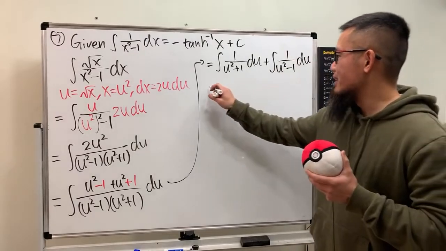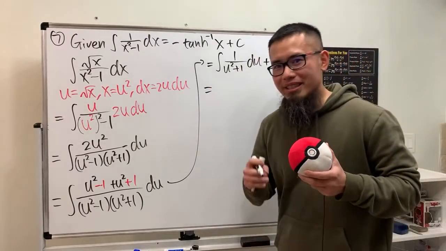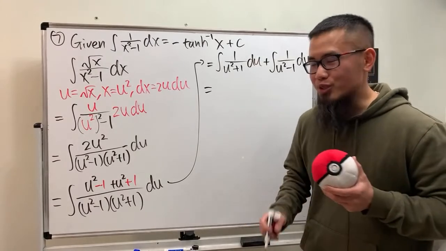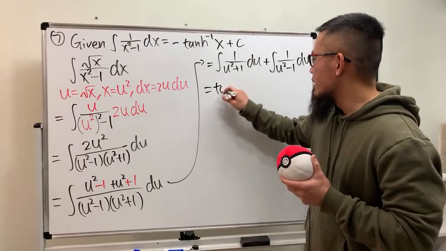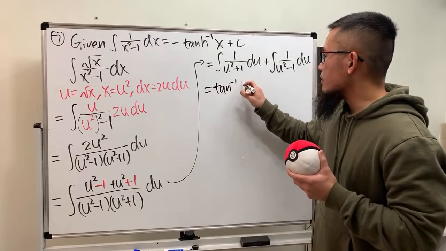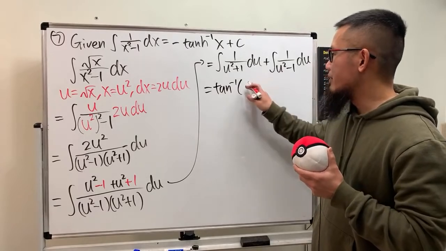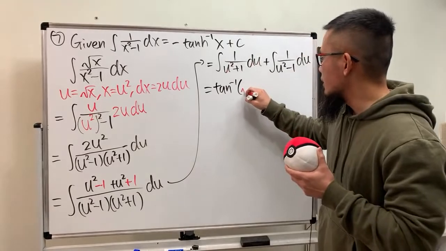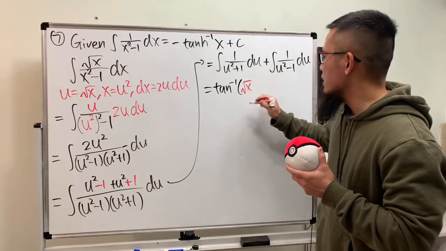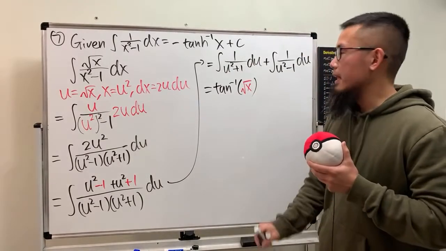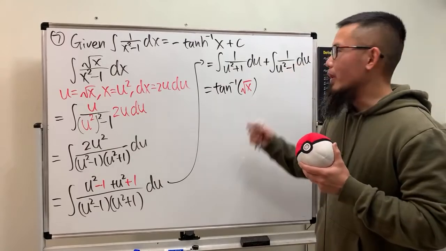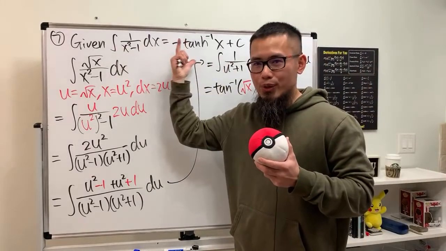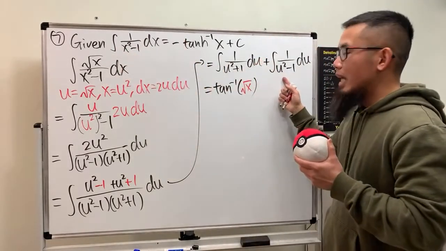Now, have a look. This guy is just the inverse tangent, the original version. So we'll put down, here we have the inverse tangent. And we have the input being u, and u is equal to that. So let's just go ahead and put that down already. This guy, well, I gave you guys the answer here already. Here we have u, right?